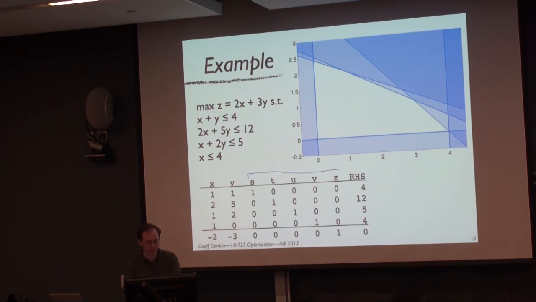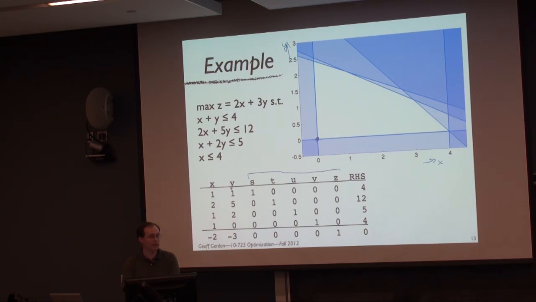That corresponds to this corner, because x and y are what we're plotting. So here's x and here is y. The fact that these are all positive means that we're feasible. All of these constraints up here are loose, and we're at a corner of the feasible region.